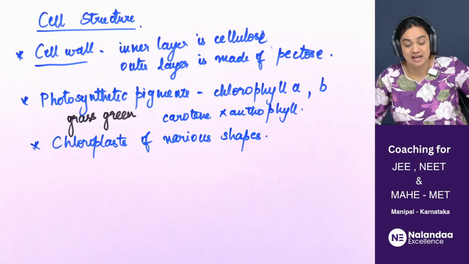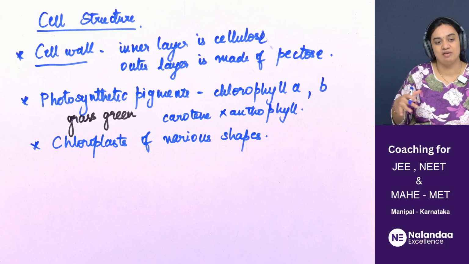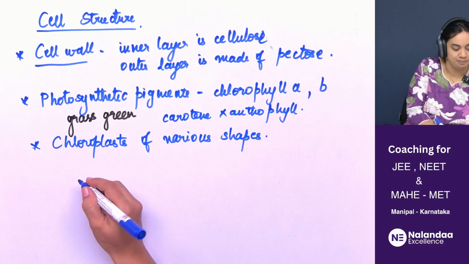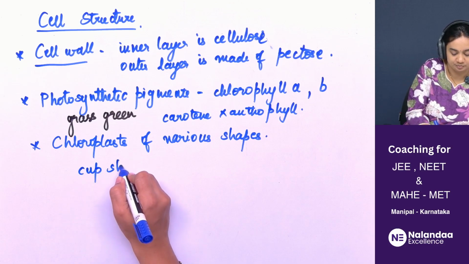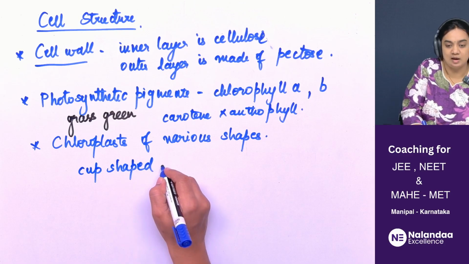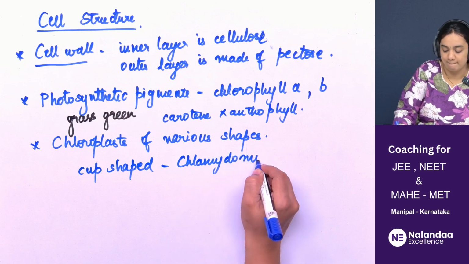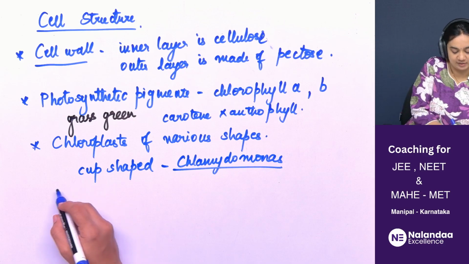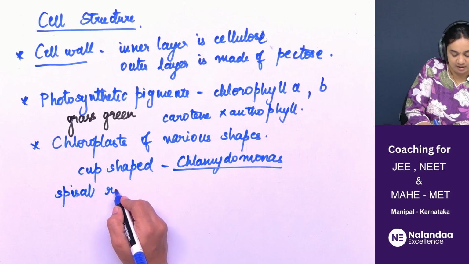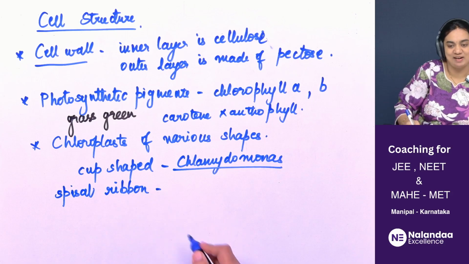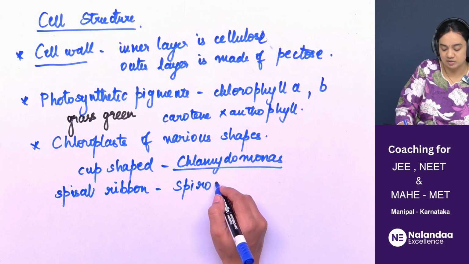Now this is a characteristic that you will only see in class Chlorophyceae. We have chloroplasts exhibiting different shapes. Number one, cup shaped chloroplast, as in Chlamydomonas. Then there is spirally coiled ribbon-like chloroplast, which means it is flattened like a ribbon and spirally coiled. Example, as the name indicates, Spirogyra.